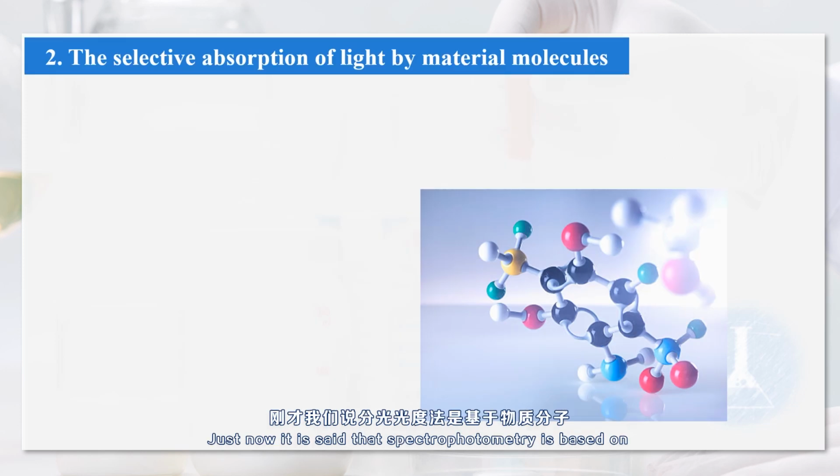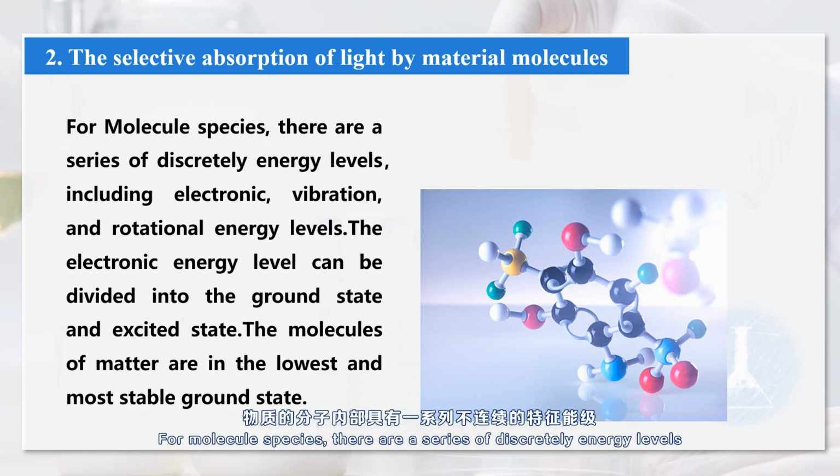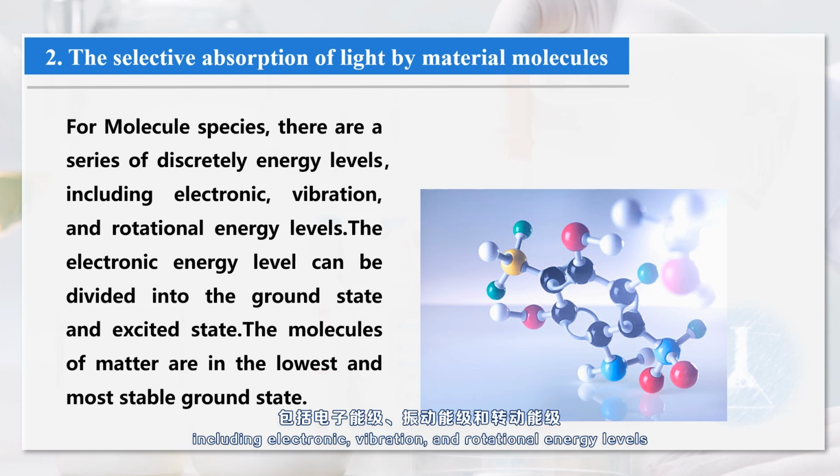Just now, it was said that spectrophotometry is based on the selective absorption of light by material molecules. So, how do molecules absorb light selectively? For molecular species, there are a series of discrete energy levels, including electronic, vibrational, and rotational energy levels, which are quantized.